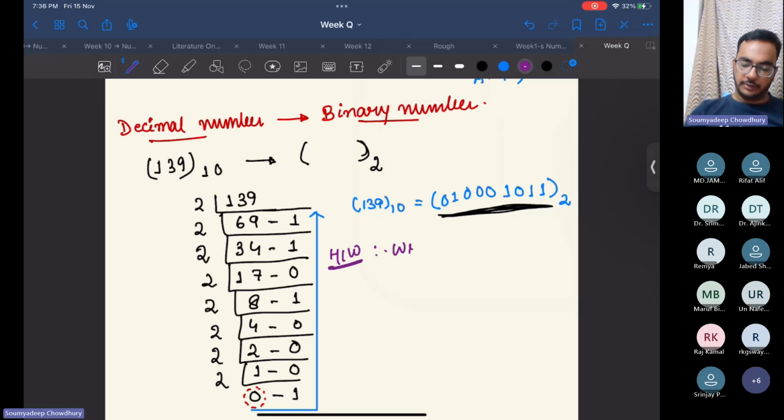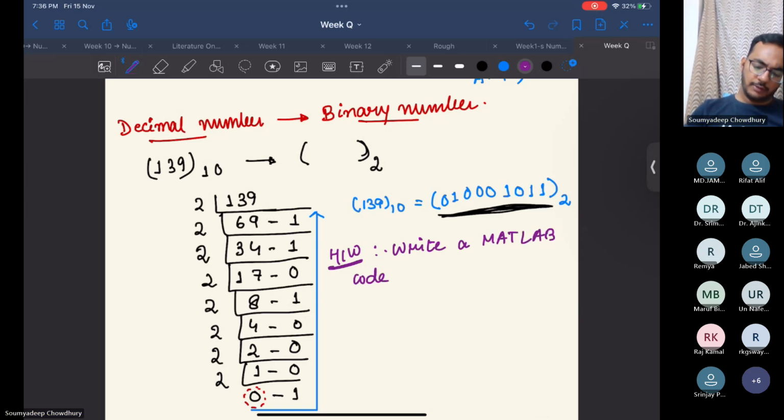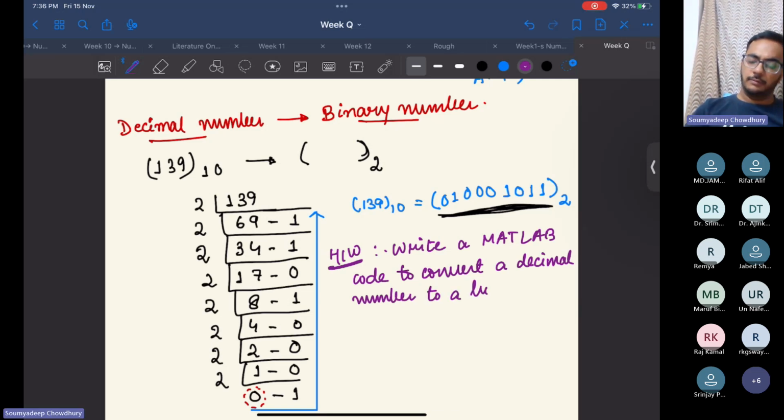Just note down the question: write a MATLAB code to convert a decimal number to its corresponding binary. Your code should take a decimal number as an input and it should give the output as the corresponding binary number.